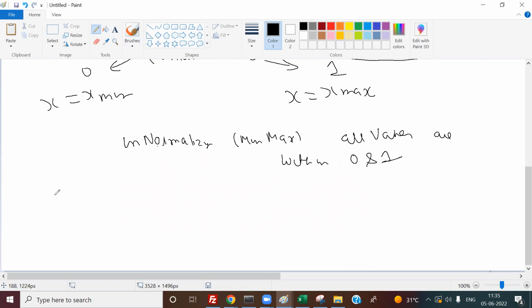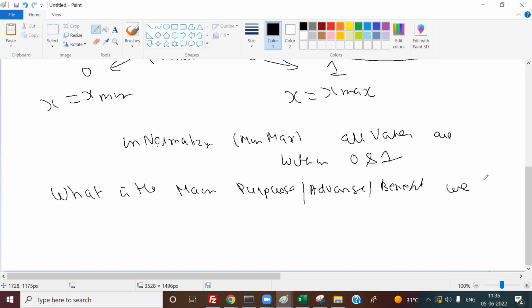Let me ask one question. What is the main purpose or advantage or benefit we get, or rather you will get, after normalization or standardization? क्यों करना है?